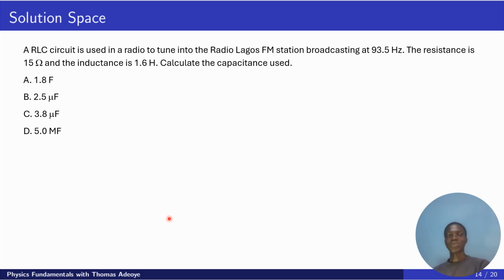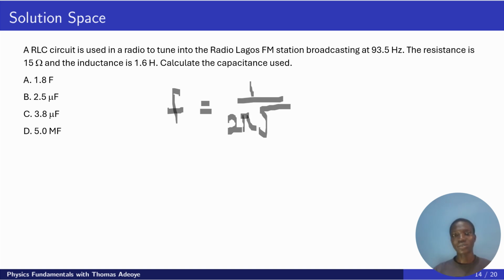Whenever you see a question that has to do with radio tuning, we use the formula for resonant frequency. The formula is F equals 1 over 2 pi square root of LC.